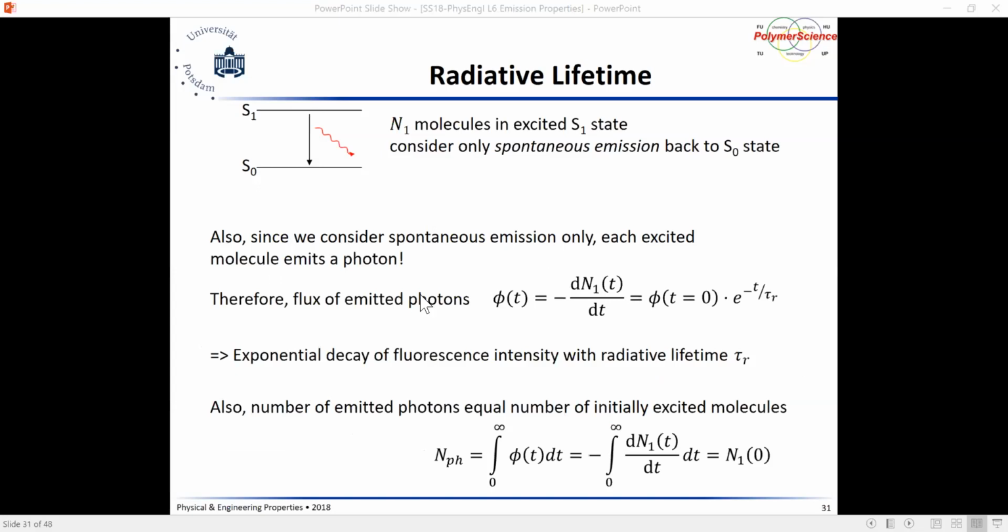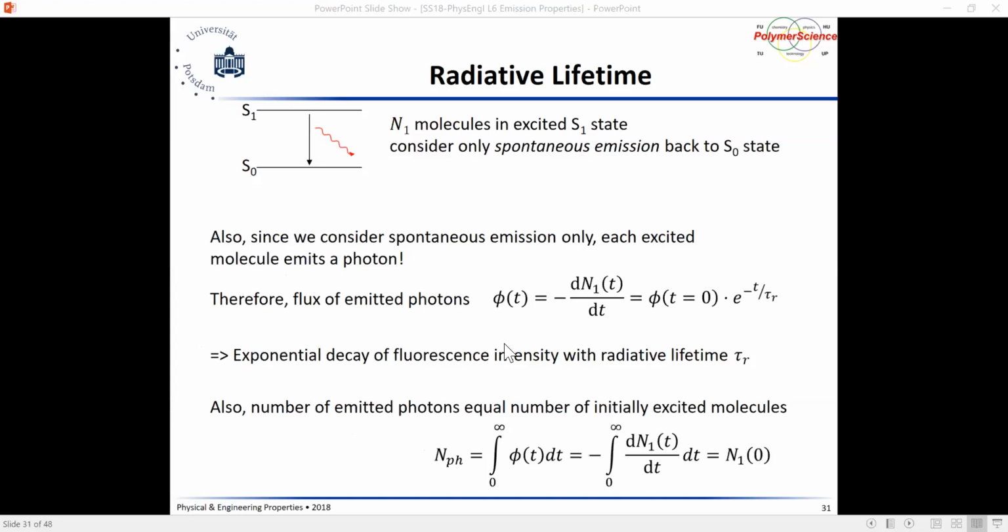Yeah, this goes back to the quantum efficiency, quantum yields. So we're saying we have spontaneous emission only, so the excited molecule emits a photon. Exactly.